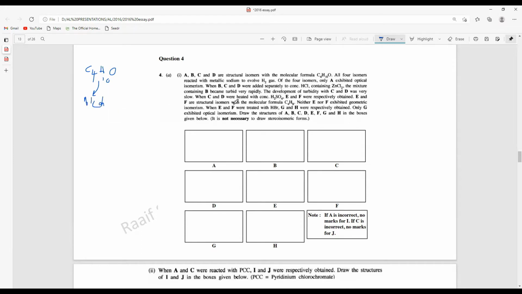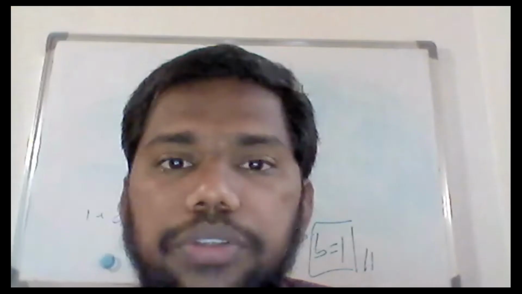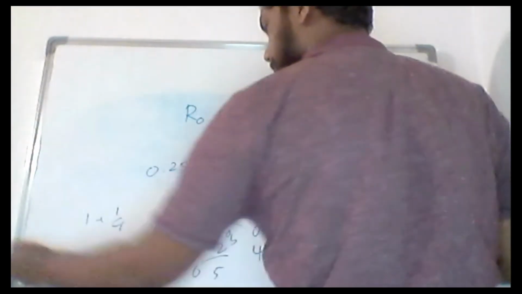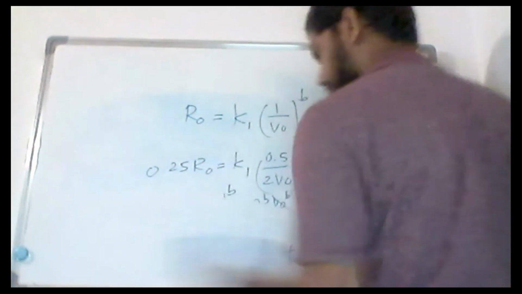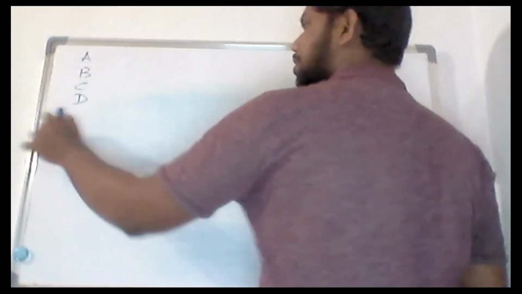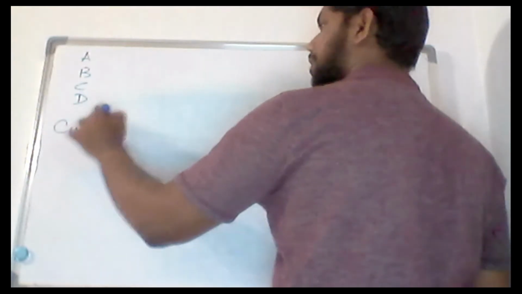So I will try to do this on the board, which is very easy for you to understand. We have A, B, C, D given with C4H10O.